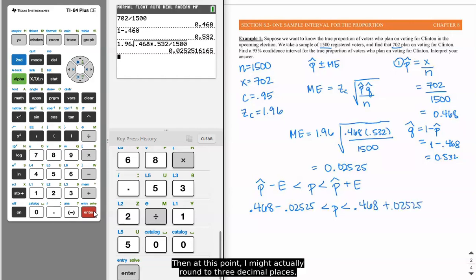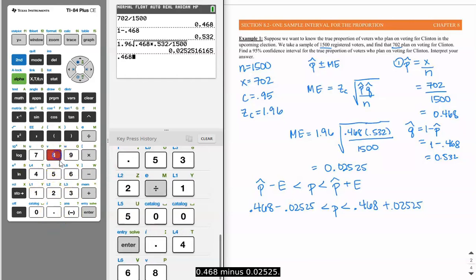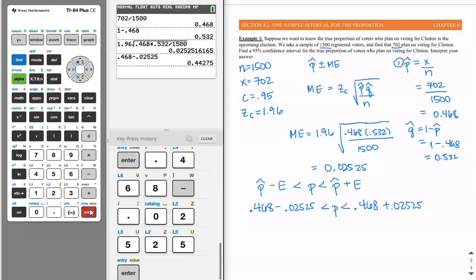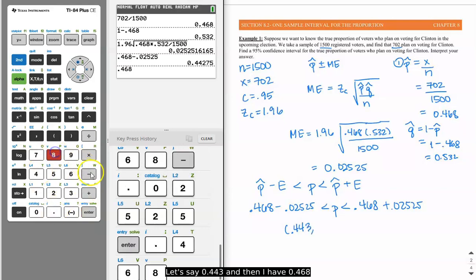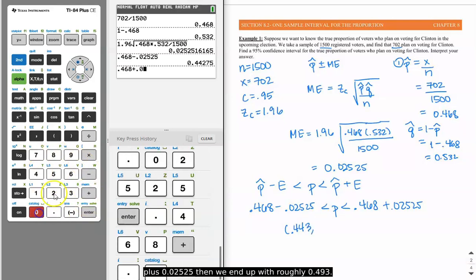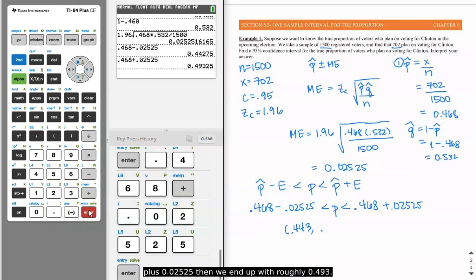And at this point, I might actually round to 3 decimal places. So 0.468 minus 0.02525, let's see, 0.443. And then I have 0.468 plus 0.02525, and we end up with roughly 0.493. Okay.